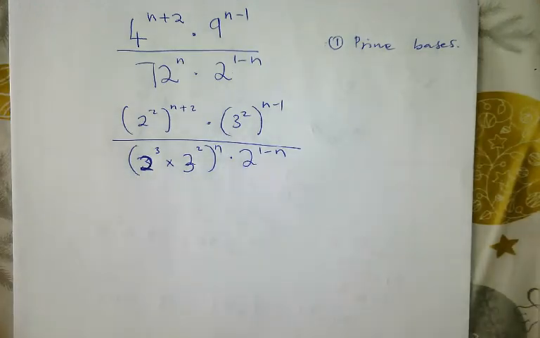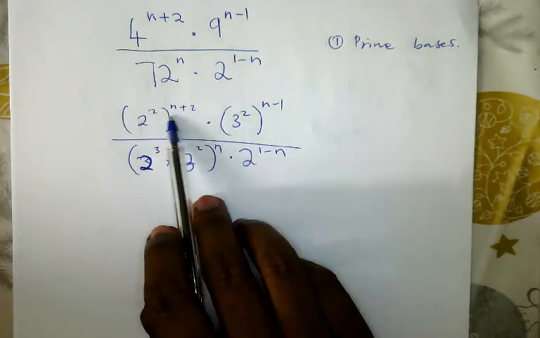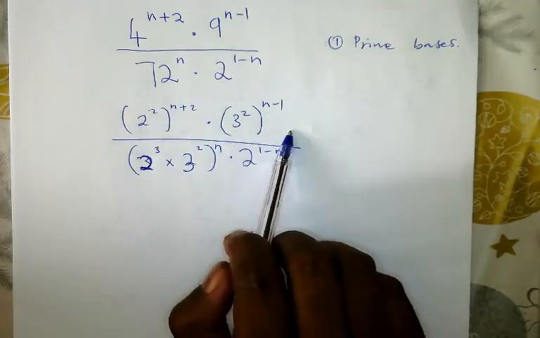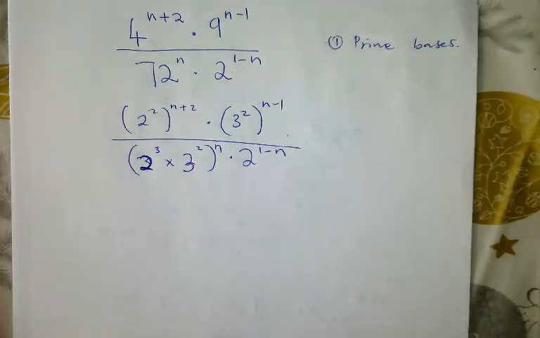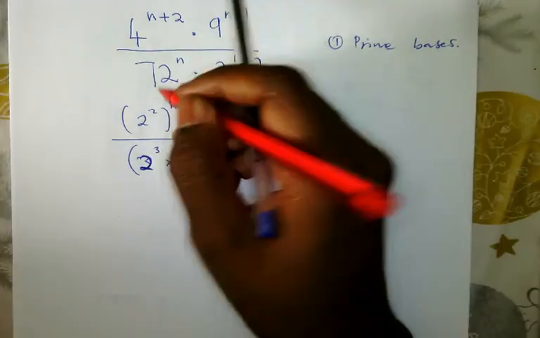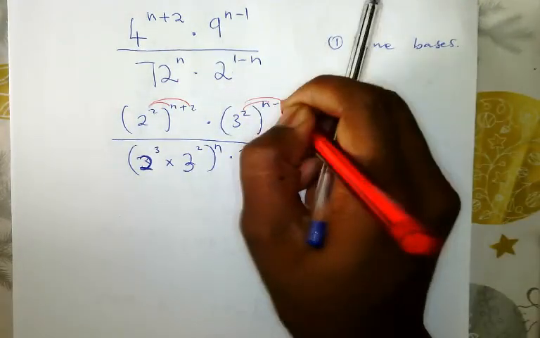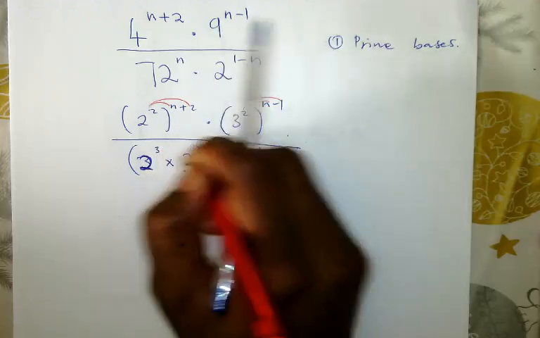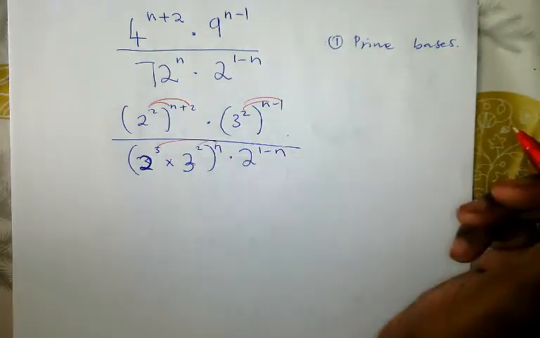Okay, moving along. So I'm going to apply law 3, which says I need to get rid of this bracket by multiplying out. I'm going to multiply everything here by 2, and everything here by 2. Remember law 4.